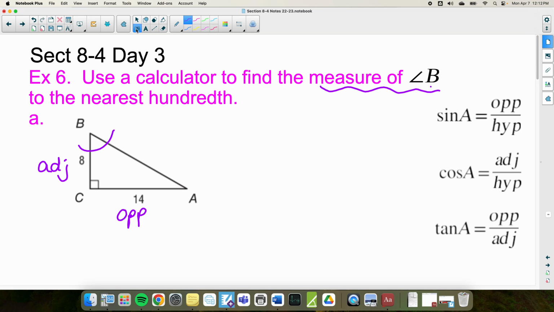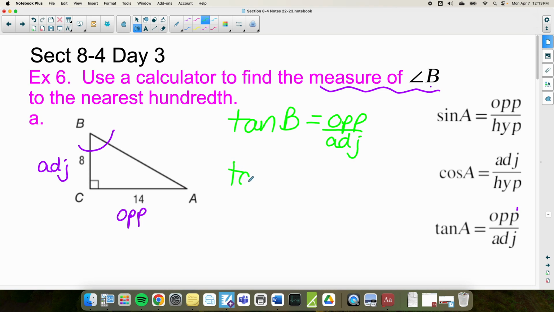Then you're gonna come over here and you're going to look at, is it sine, cosine, or tangent? And in this case, it's tangent because we have the opposite side and the adjacent side. So what I would say here then is I would go tangent of angle B. Tangent is opposite over adjacent, okay?